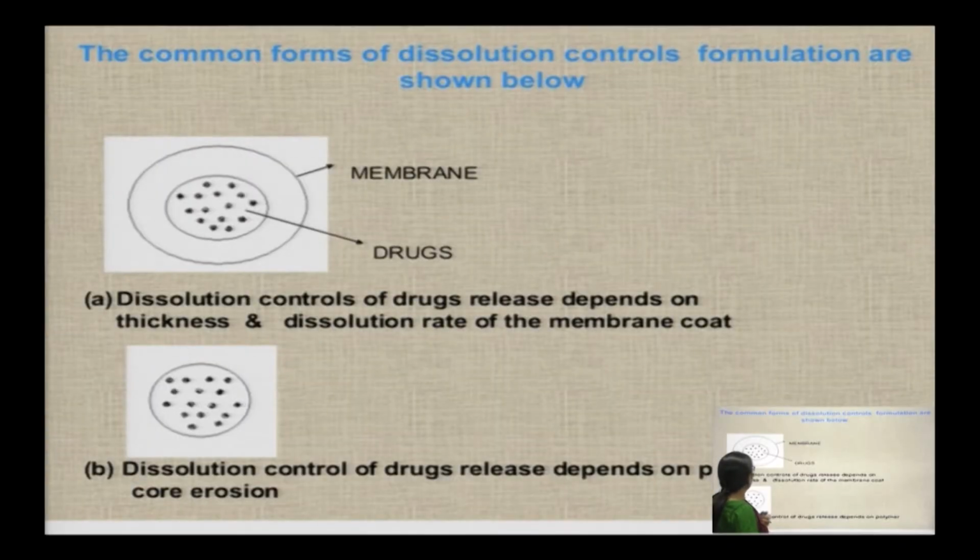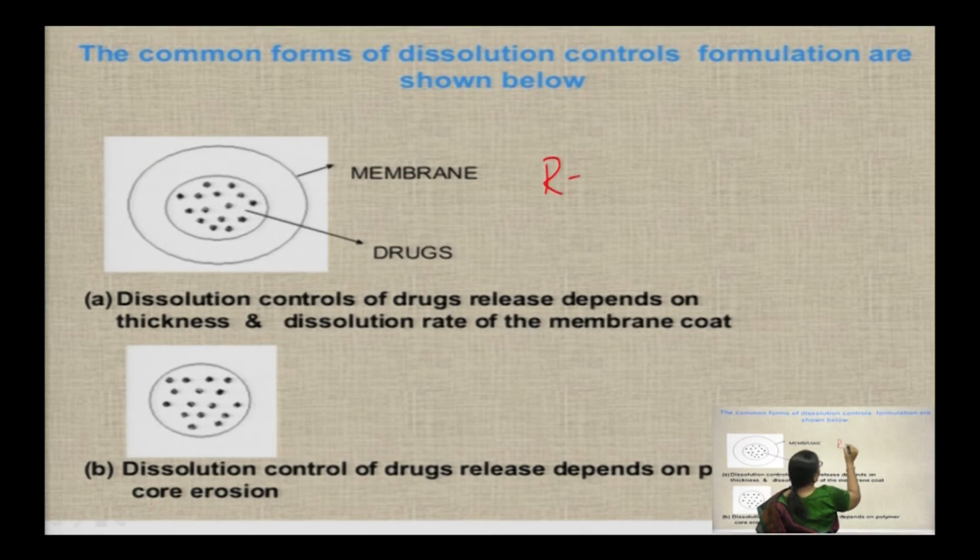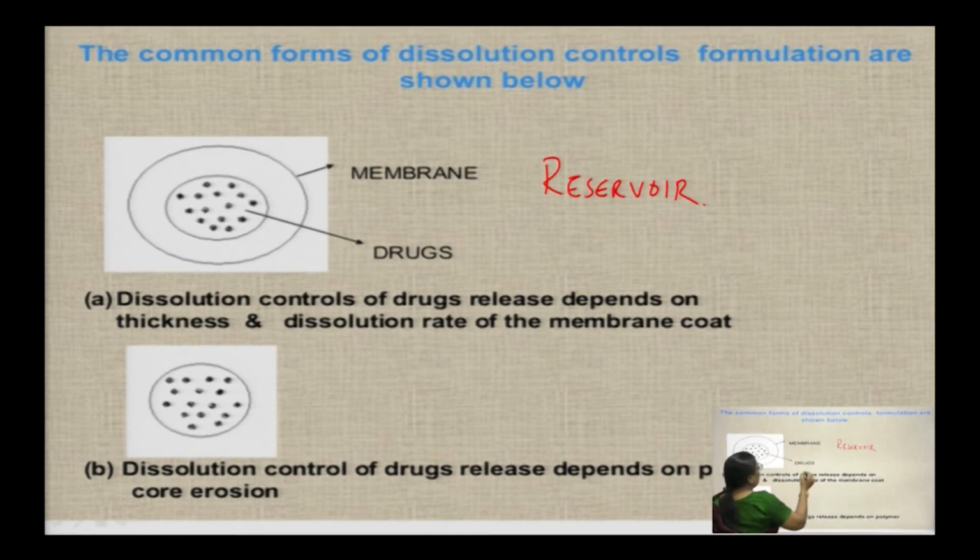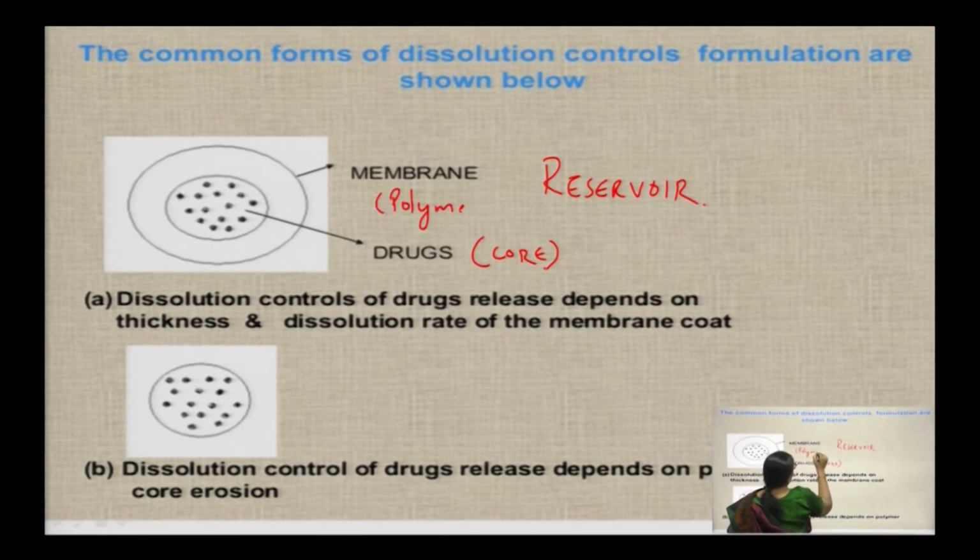This is a diagrammatic representation of reservoir type of systems, dissolution control systems, and matrix types of controlled release systems. You can see here clearly that in the first diagram, which represents a reservoir type of system, there is a central core made up of the drug particles, and there is a coating membrane which is made up of the polymer.